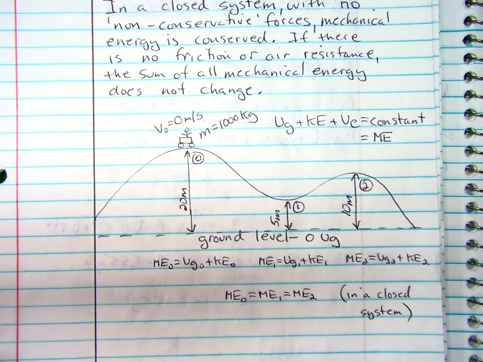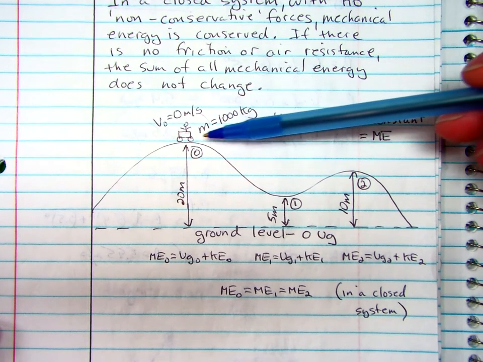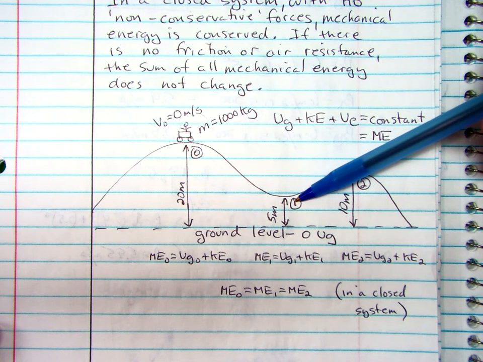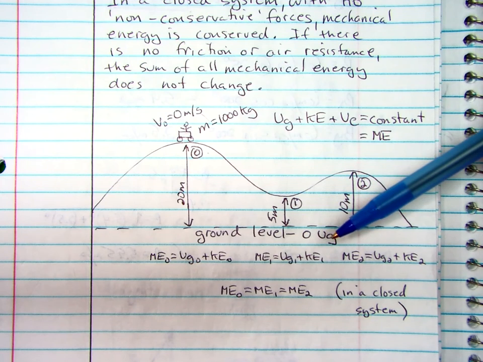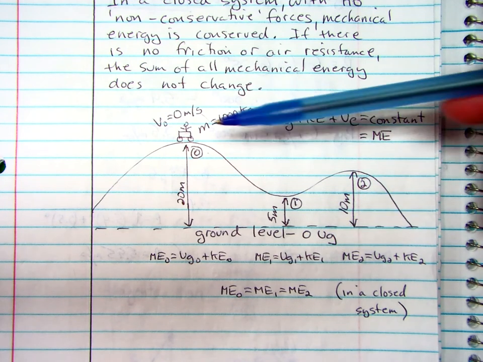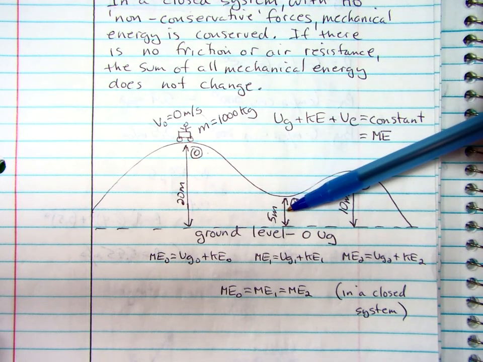And just from your experience, can somebody tell me, is the velocity greater at position 1 than it is at position 0? Okay, so one answer is the velocity is constant. The other answer is the velocity is greater. Yeah, as you go downhill, your velocity increases.